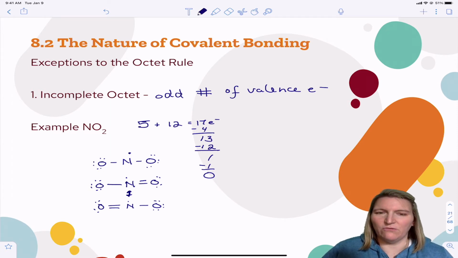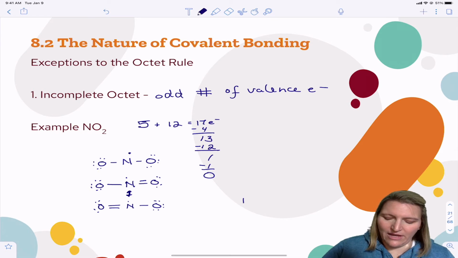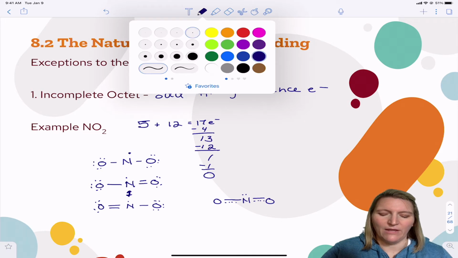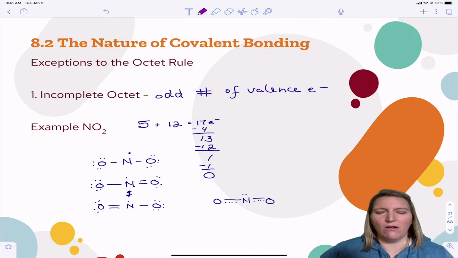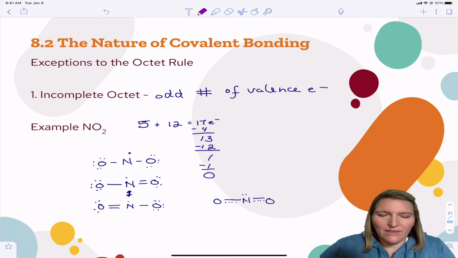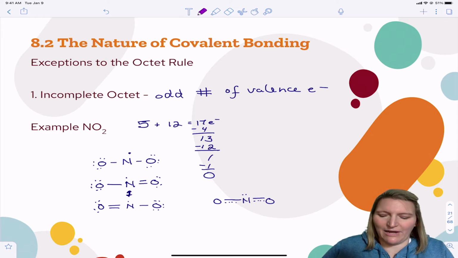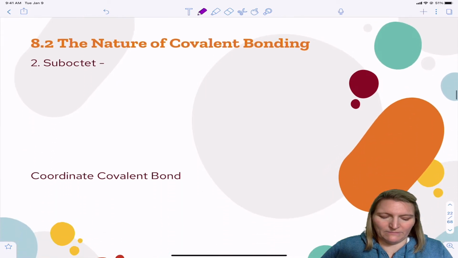The reality is that neither of those 2 structures actually occurs. It is more like each of those bonds is 1.5 bonds. So this molecule's central nitrogen never actually has that full octet. It gets pretty close, up to 7, but not all the way. The thing is that it's still stable, and so you just need to recognize that sometimes that happens. Not all the time, but sometimes.